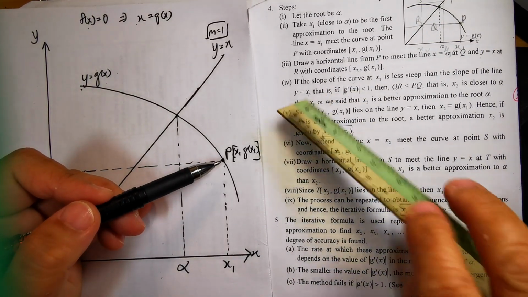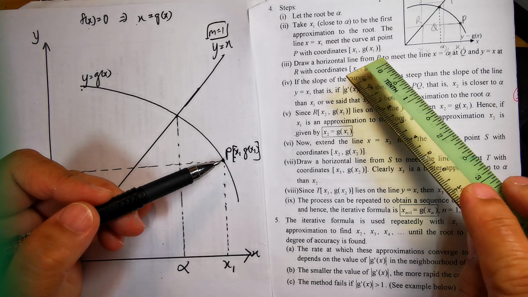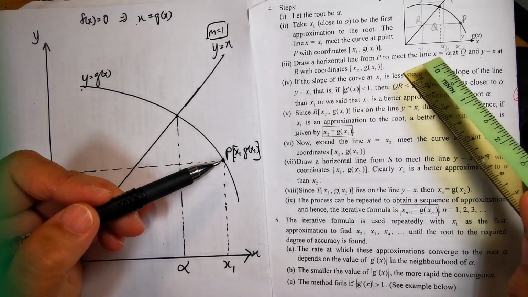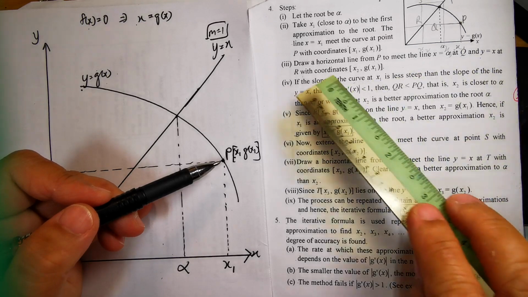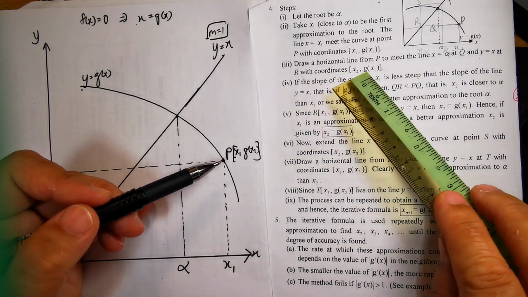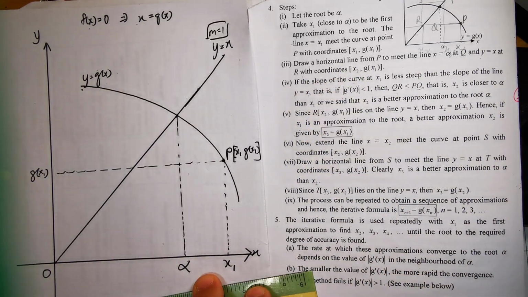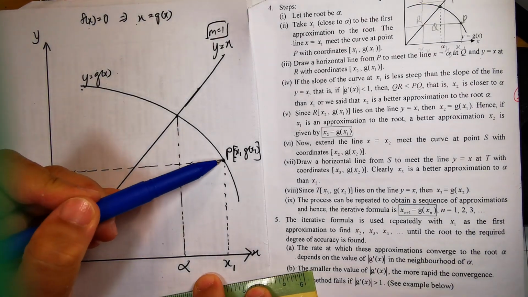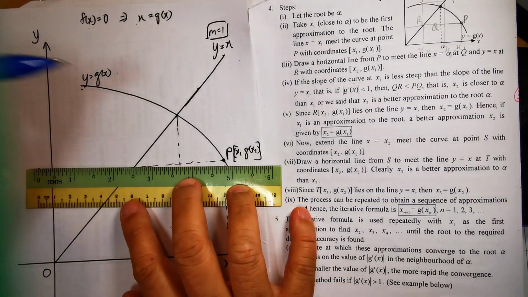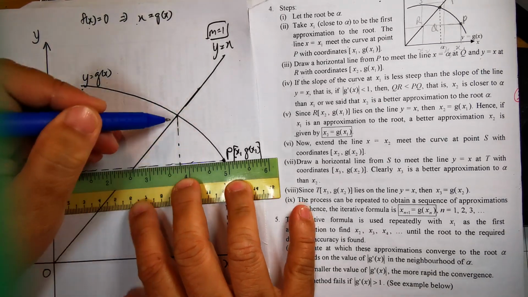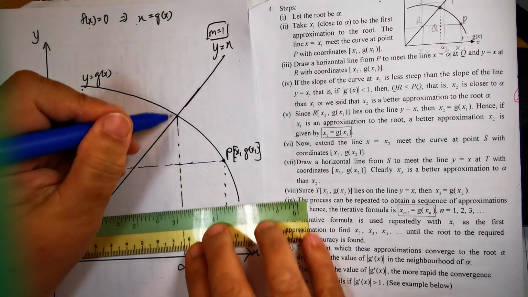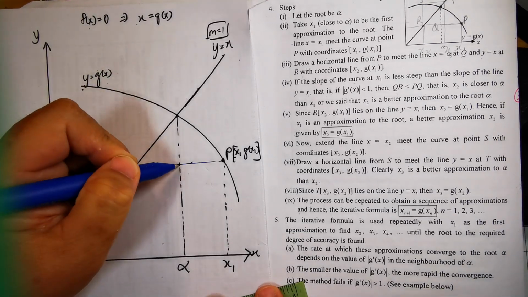Now next, draw a horizontal line from P to meet the line x equals alpha at Q and y equals x at R. It means that from point P, we draw a horizontal line like this, which will meet the line x equals alpha, this line. This is line x equals alpha.